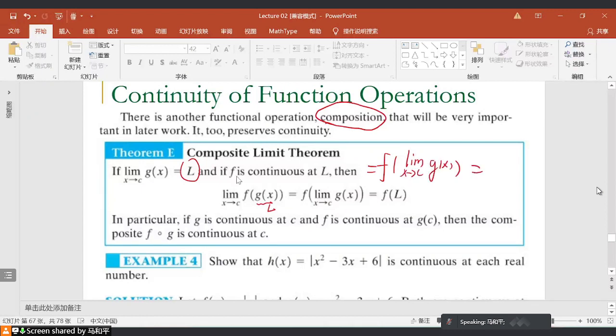We know g(x) approaches L, so we can write it is f(L) because f is continuous at L. This is how to find the composite limit. And for example, example 4. Prove that it is continuous at each real number. First, think about it. Example 4. Just think about it.